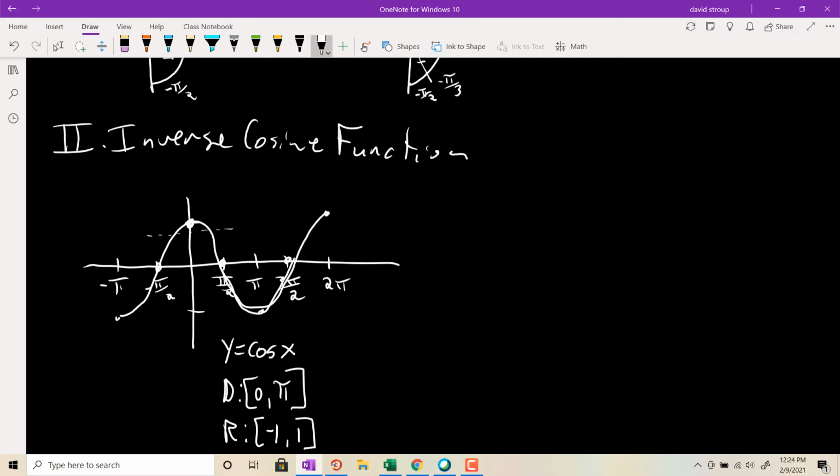It's a little harder to get the inverse of it. This is the cosine function on this restricted domain, which I just drew in red. We want to rotate that about the line y equals x, and that's a little bit more difficult.